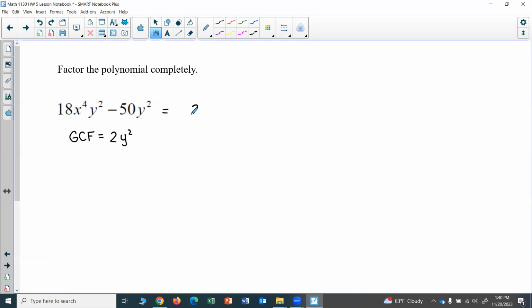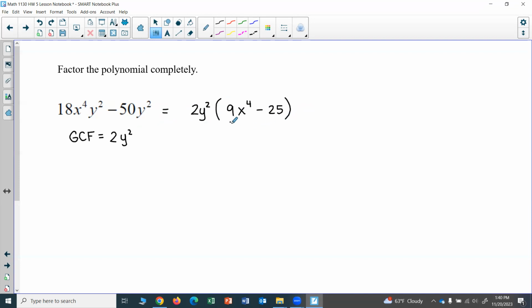So this is going to be 2y squared. And what's left from the first term, 2 times 9 would give me 18, so I get 9x to the fourth minus 25. Now, the 25 is all I need here because 25 times 2 would give me the 50, and the y squared was already factored out.